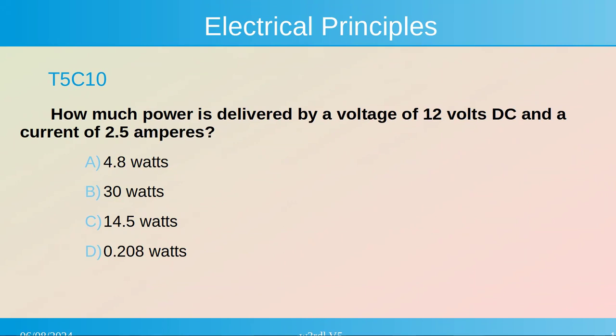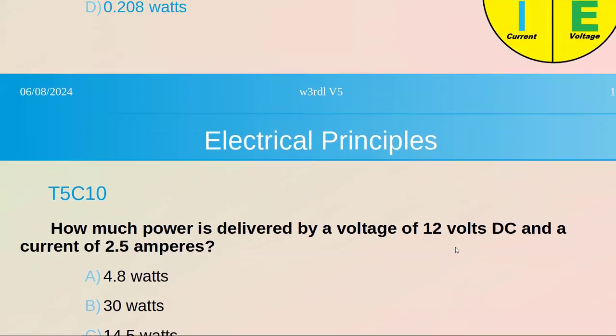Let's see. If it was 2 amps, it would be 24 watts. But it's 2.5, so it's more. We're looking at 30 watts. There you go.